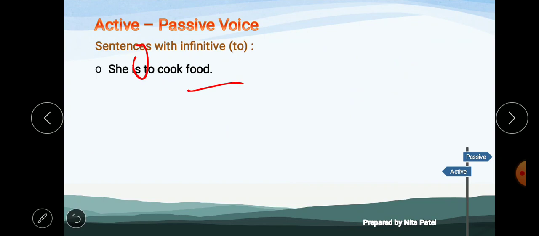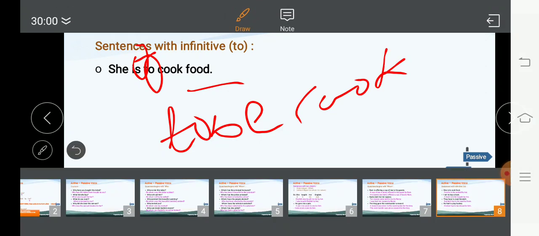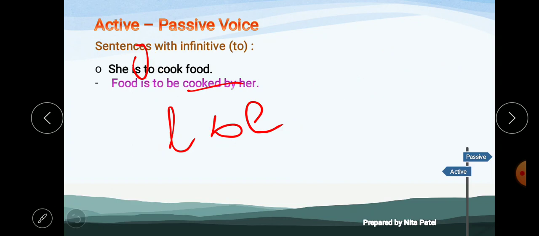So food is to be, we don't have to cut this to, we have to use it. So food is to be cooked by her. Food is to be cooked by her.